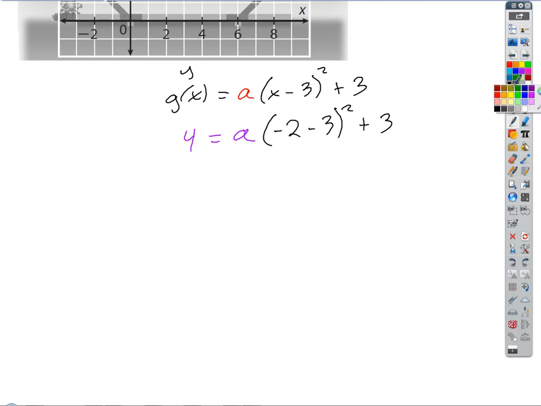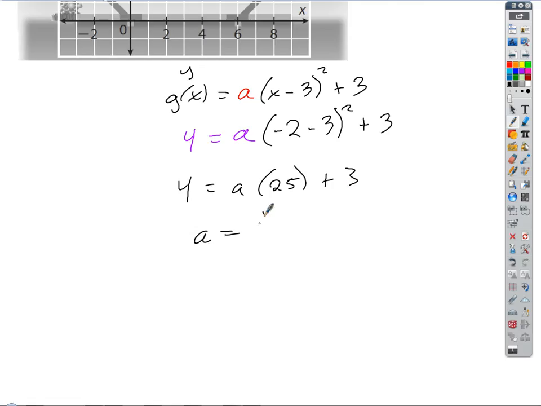What do we get? This is a 4 equals a times, what's -2 minus 3, squared? So what are the 2 steps in order to solve for a? Subtract 3, which gives us 1 over here, right? Then divide by 25.